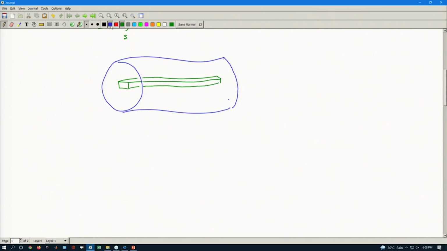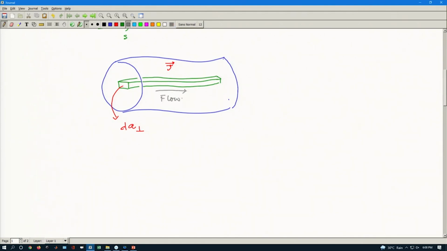So, this area I write as A perpendicular because I am making a perpendicular cross section, and the current density is J, and this is the direction of the flow of the current, say this is the flow, right.